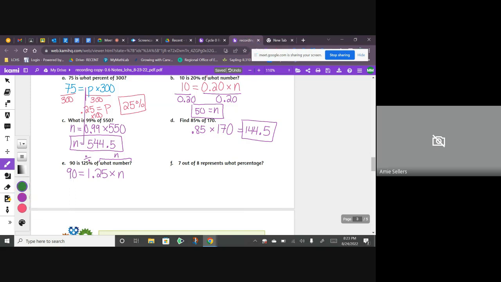So I'm going to divide both sides by 1.25. So 90 divided by 1.25, I get 72. So 90 is 125% of 72. That makes sense, because if it's 125%, it would have to be more.